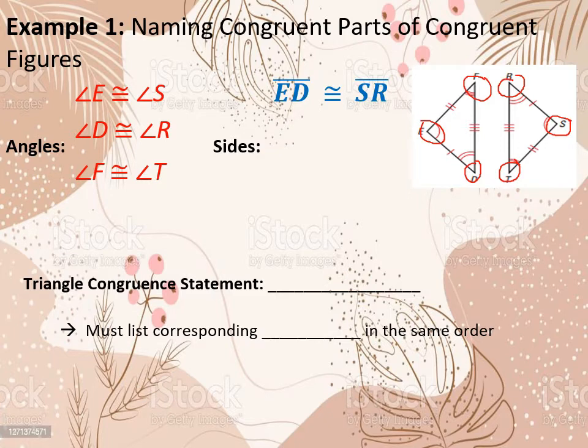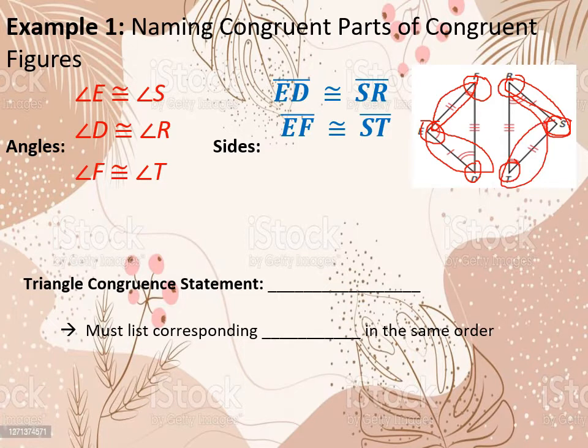For our congruent sides, we have side ED is congruent to side SR. Side EF is congruent to side ST, and side DF is congruent to side RT.